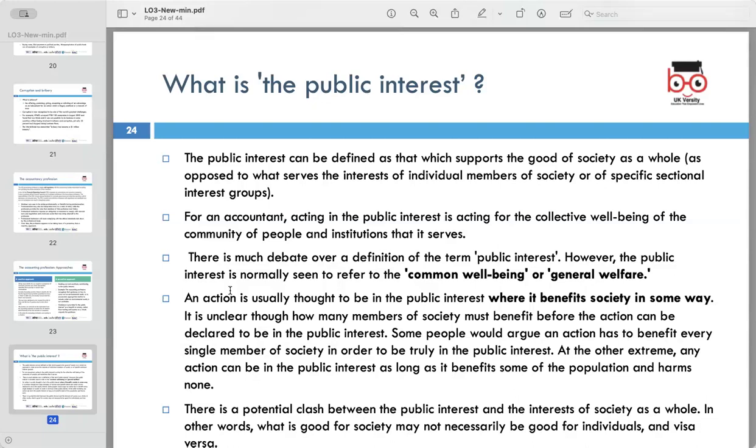Some argue that actions must benefit every member of society to be considered in the public interest, while others contend that any action benefiting some while harming none can be deemed as such. Moreover, conflicts may arise between the public interest and individual or group interests, highlighting the nature of ethical decision making within societal contexts.